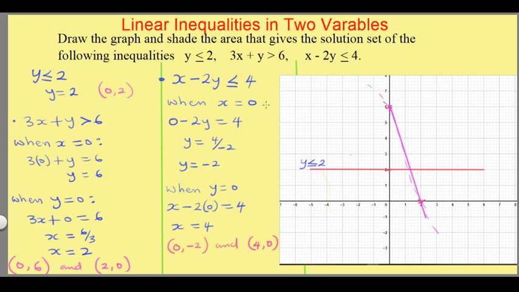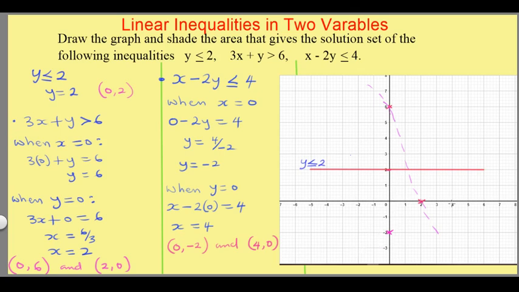For the third graph, this one I would also like to use, I will remove the straight line so that you can remember it's a broken line. The third one, when x is 0, y is minus 2.